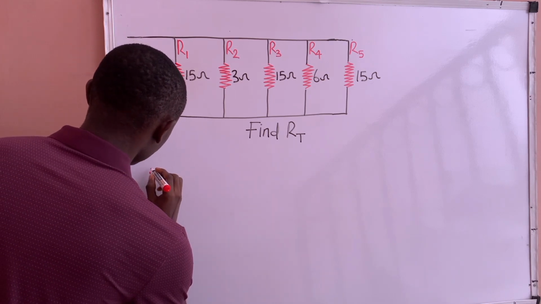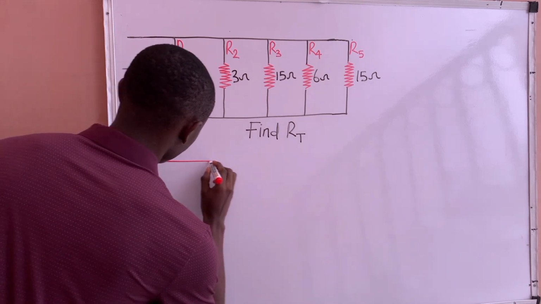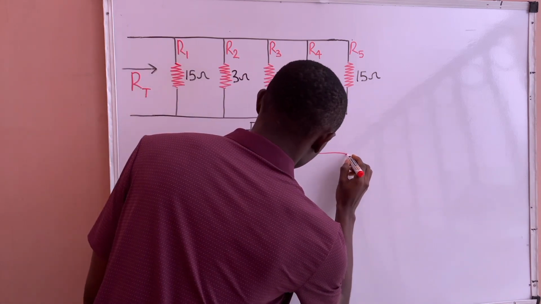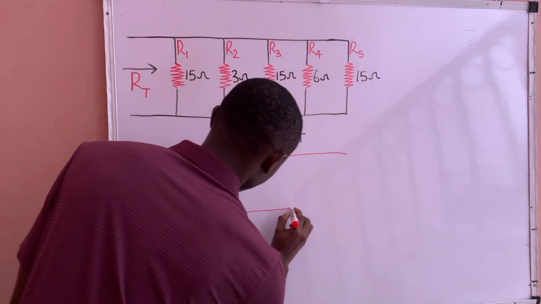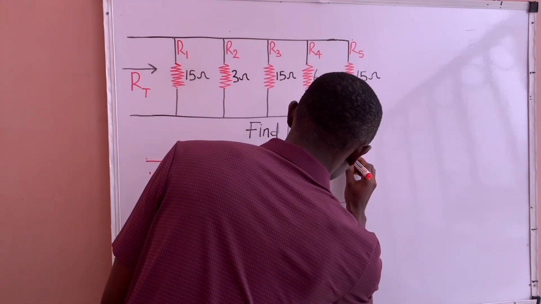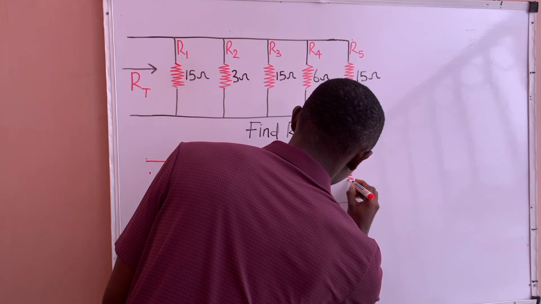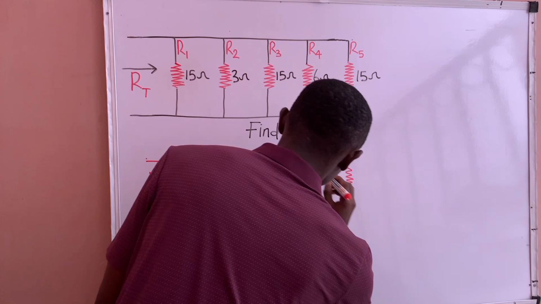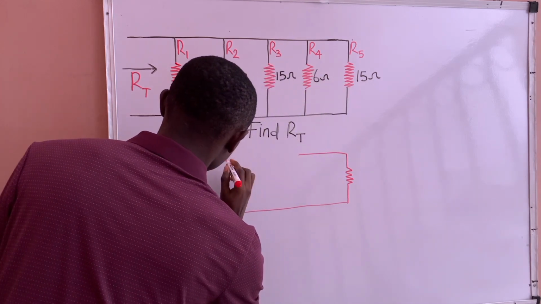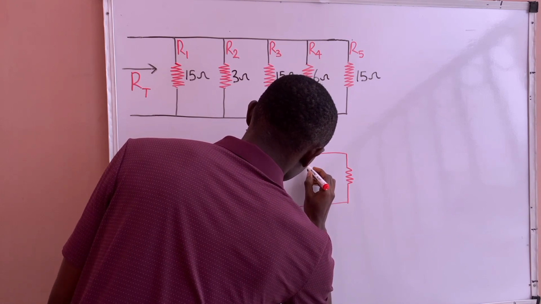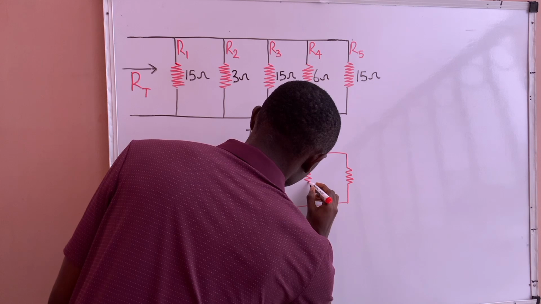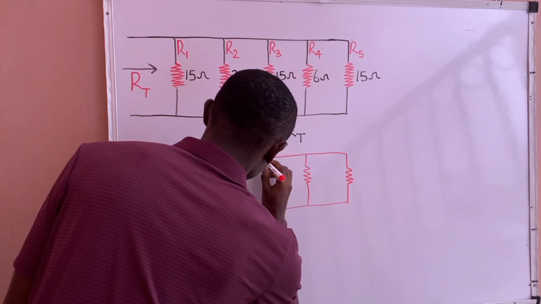We have a new circuit diagram in this form, where here we have another resistor connected in parallel to this. We have another resistor also.